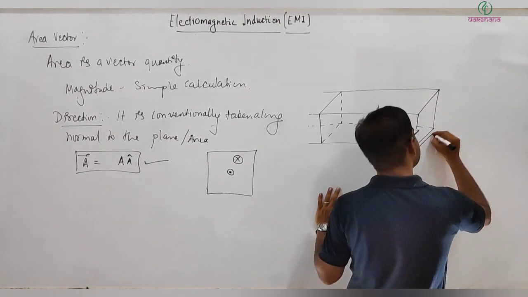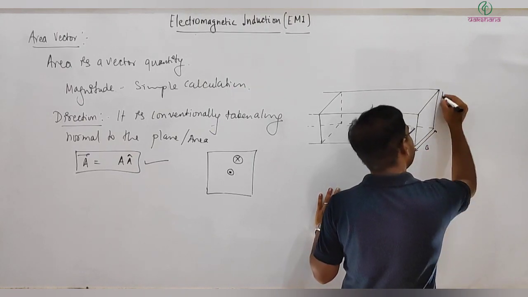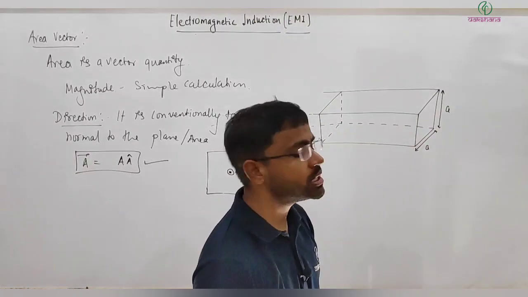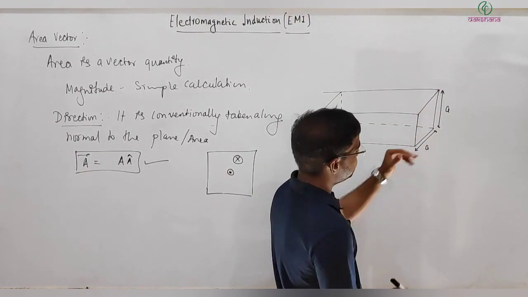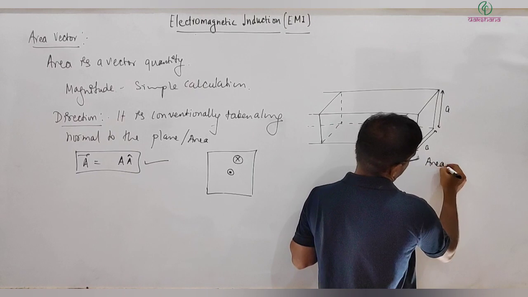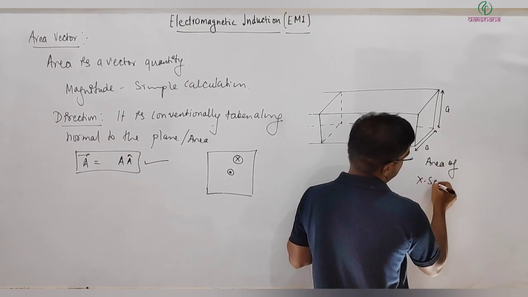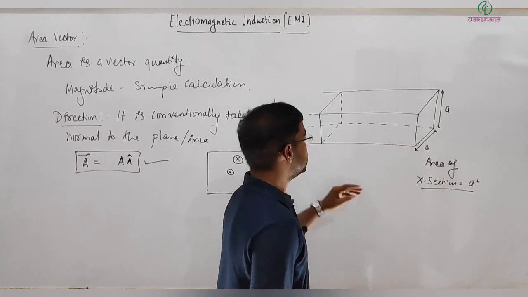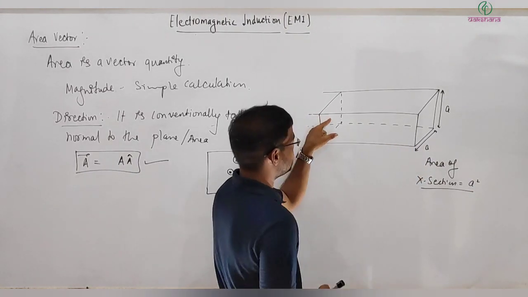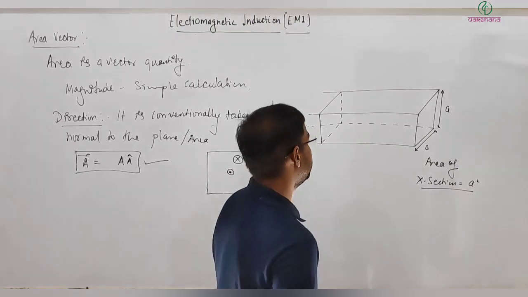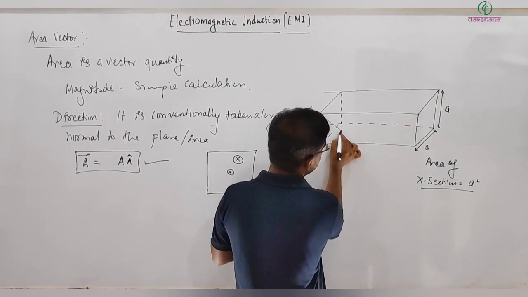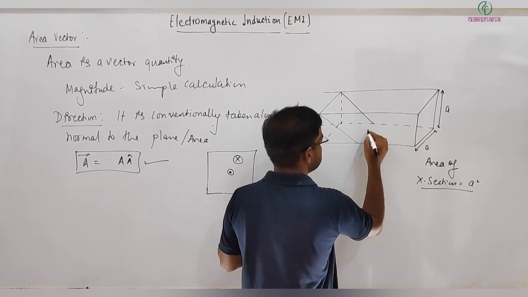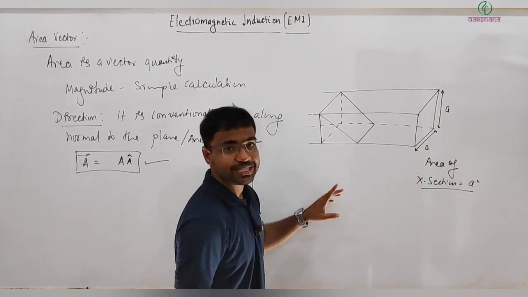Here I am taking its side as A, and this is also A. So it's a pipe of square cross section, and its cross-sectional area is given by A square. If I'm taking this cross section, then its area will be this one. Now if I'm taking a cross section like this, I hope you can imagine it easily.